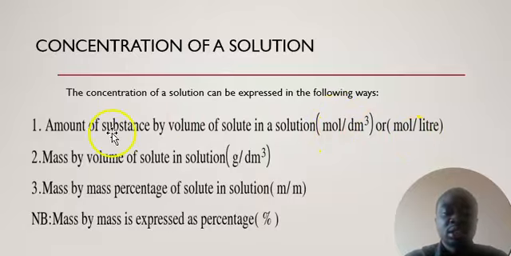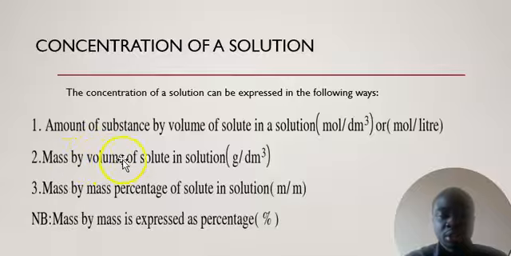That means the amount of substance, which we all know to be in moles, and our volume, this time in decimeter cube or liter. So when you are given the amount of substance and the volume, you get the unit mole per decimeter cube.